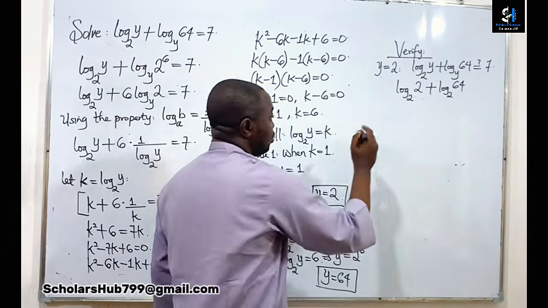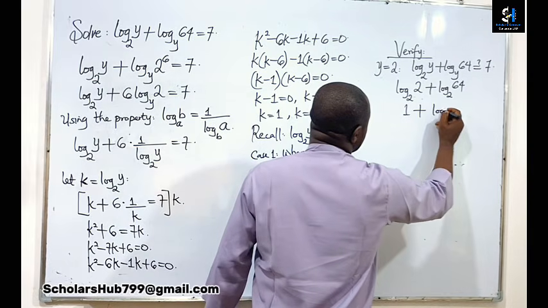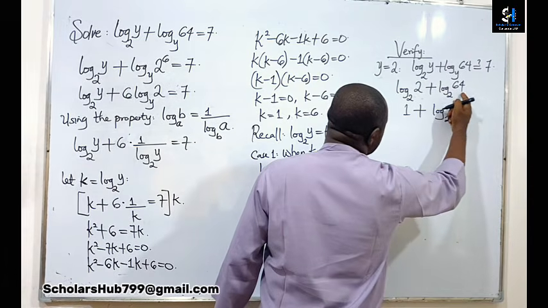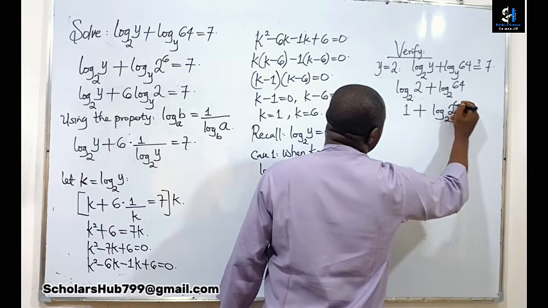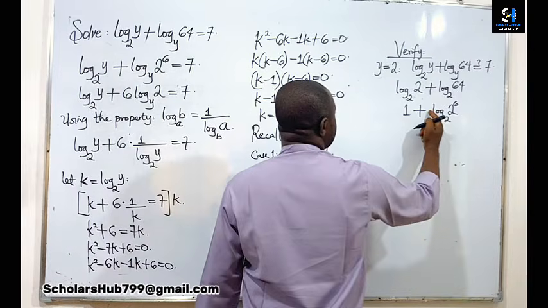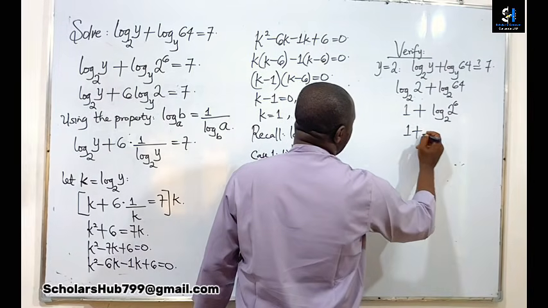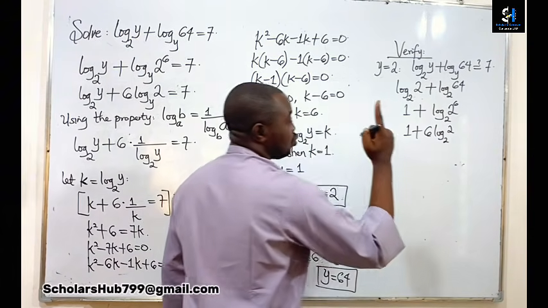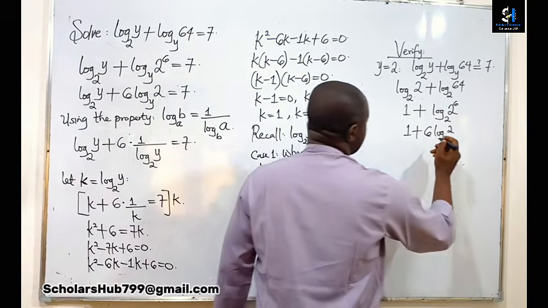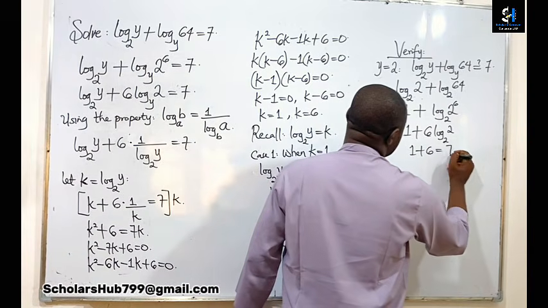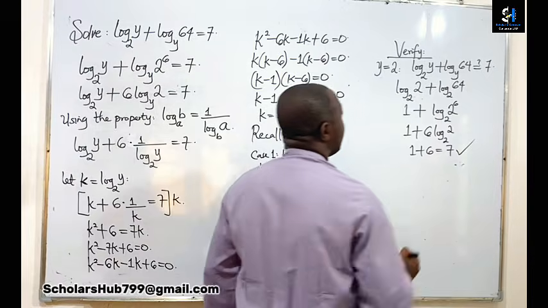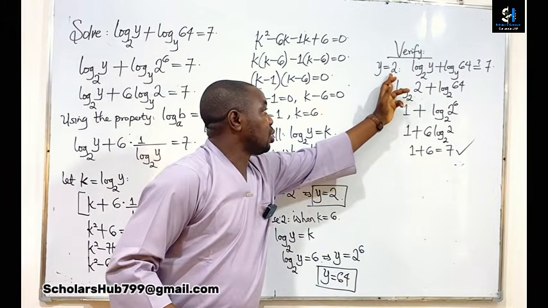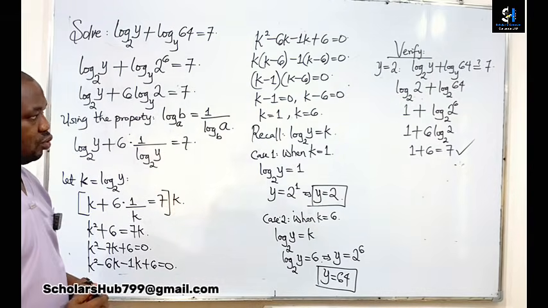Log to base 2 of 2 will be 1, then plus log to base 2 of 64, which will be log to base 2 of 2 raised to the power of 6. Then I'll bring this here to become the multiplier, so this will be 1 plus 6 log to base 2 of 2. Log to base 2 of 2 is 1, 6 times 1 will be 6. So 1 plus 6 equals 7. It means that the value of y, which is 2, satisfies the given equation.